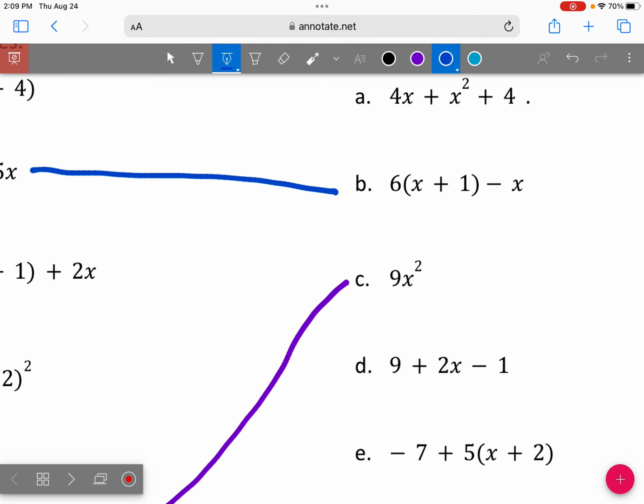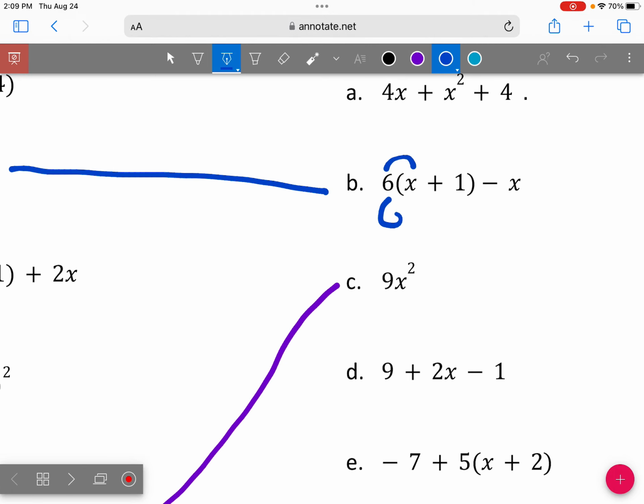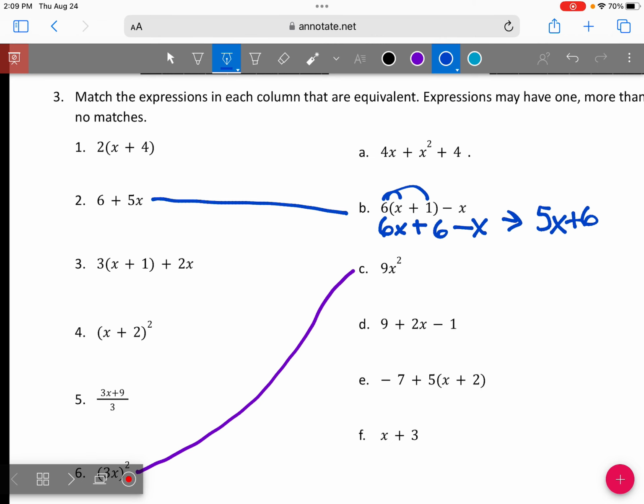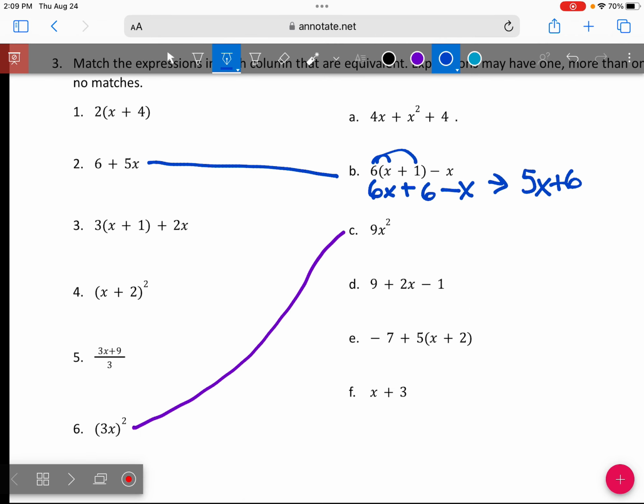Because we distribute this one out. 6x plus 6 minus x. Then we're going to combine like terms. We've got 5x plus 6. And that matches B. Or matches 2.